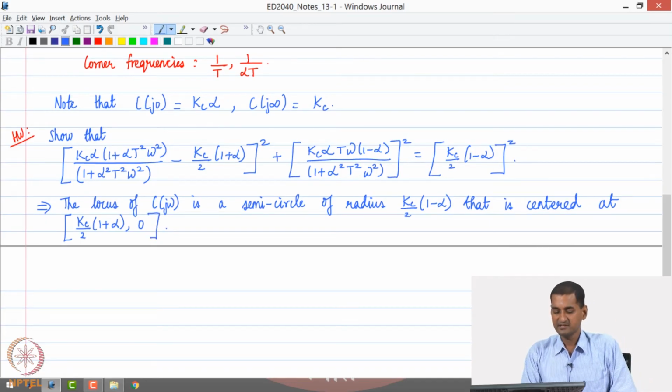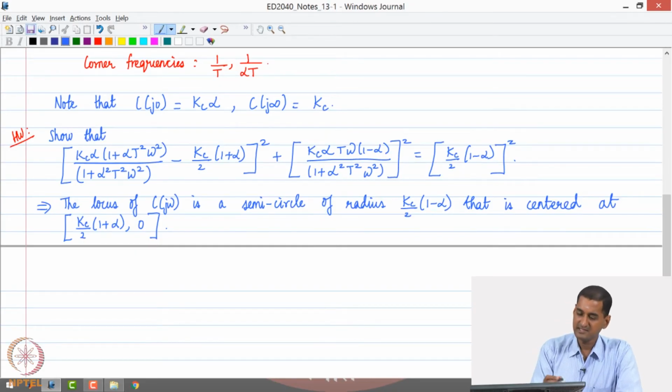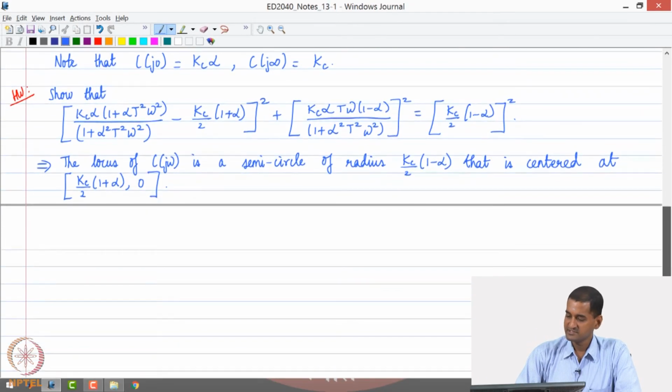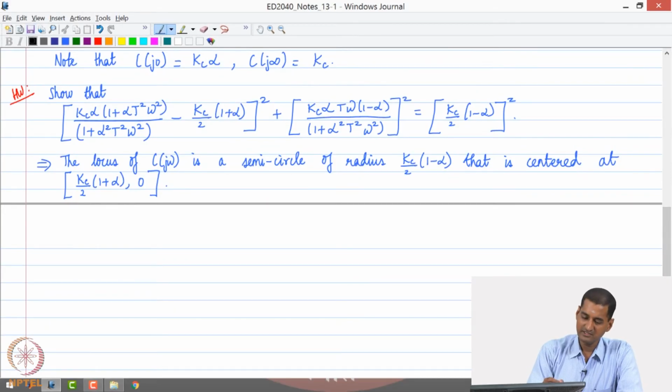That is what happens in the case of the locus of C(jω). That is the structure or shape of the particular transfer function that we are considering.